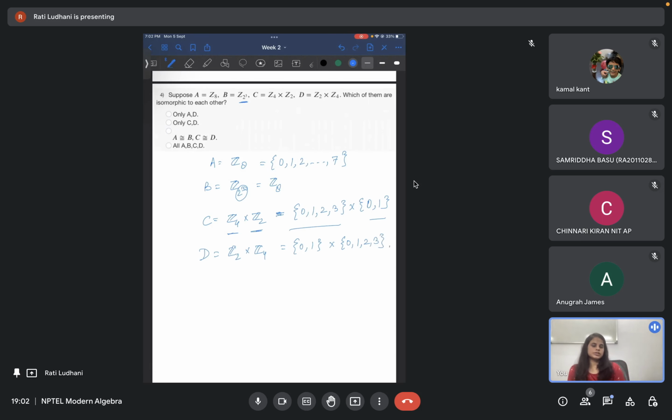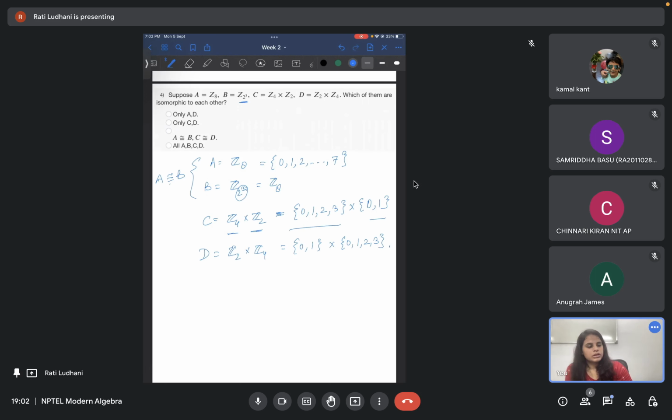Now it has been asked which of them are isomorphic to each other. A and B are the same, so A is isomorphic to B, no doubt.